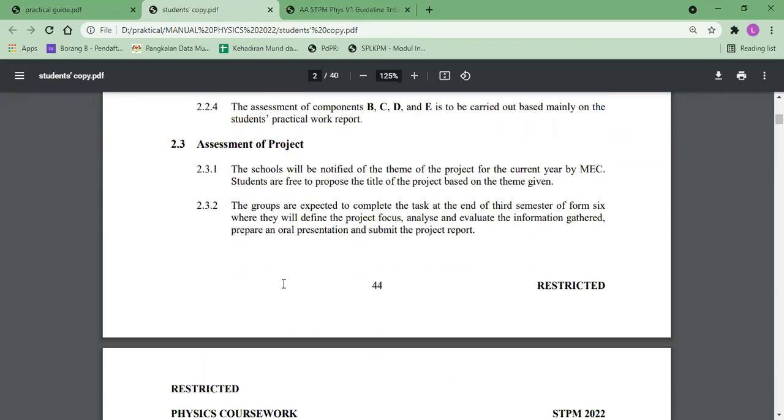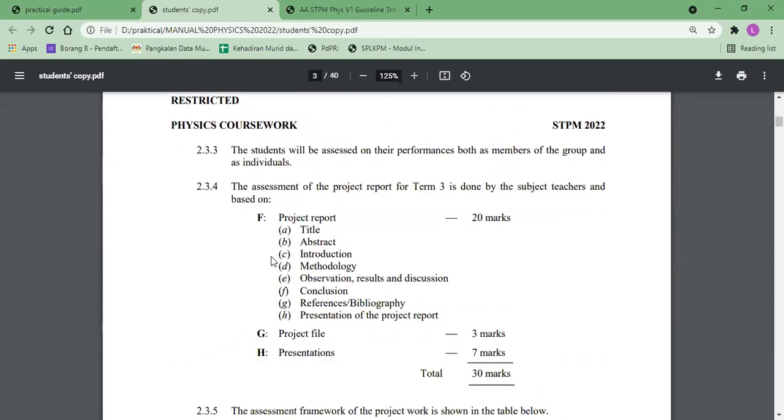Now the project assessment. I already gave you the website and the briefing, and we are checking the project already. This is how I give marks for your project. We must have title, abstract, introduction, methodology, observation and result, discussion, conclusion, reference, and presentation of the project.